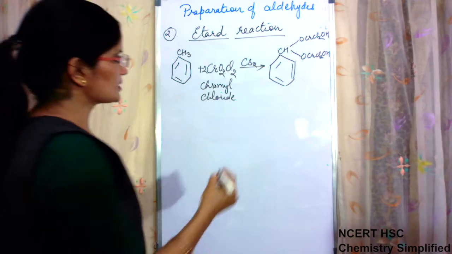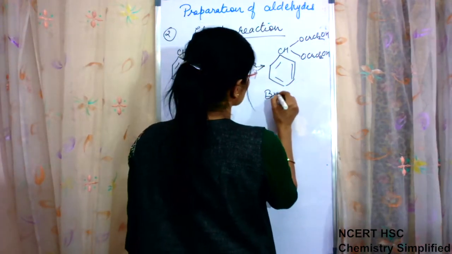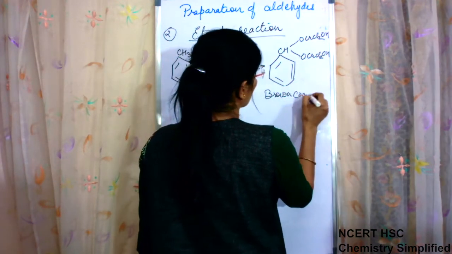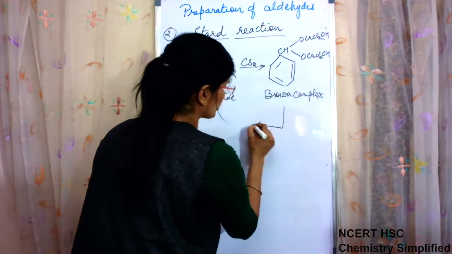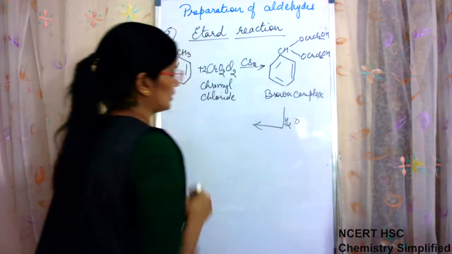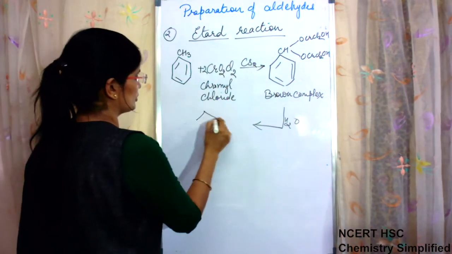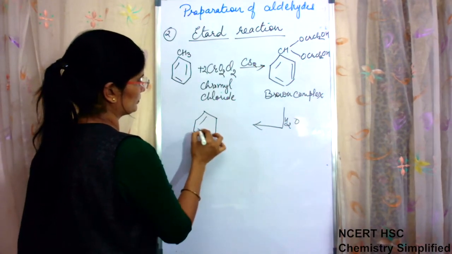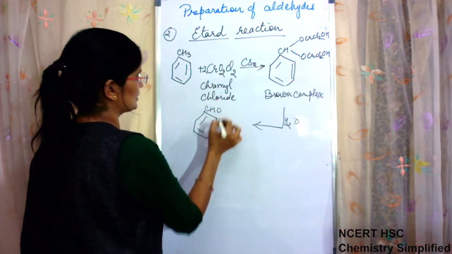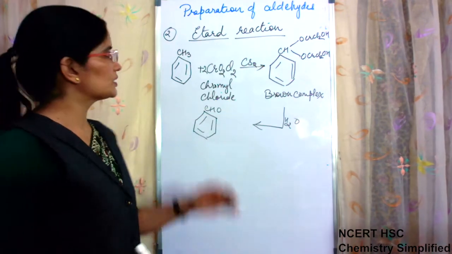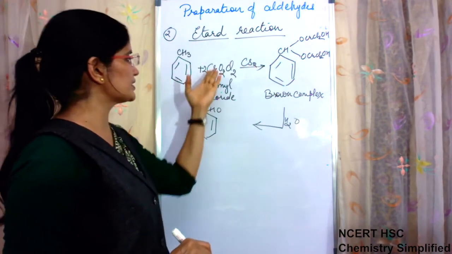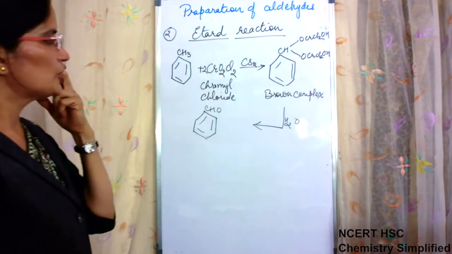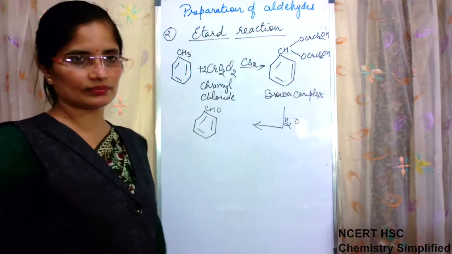Okay, this is a brown color complex, a brown complex intermediate formed, which on hydrolysis is converted into benzaldehyde. This reaction is the Etard reaction, when methyl benzenes are treated with chromyl chloride to form benzaldehyde. Okay.